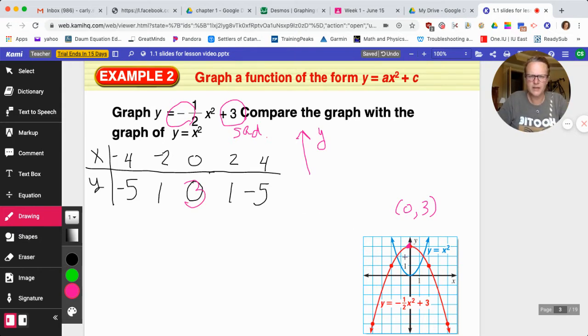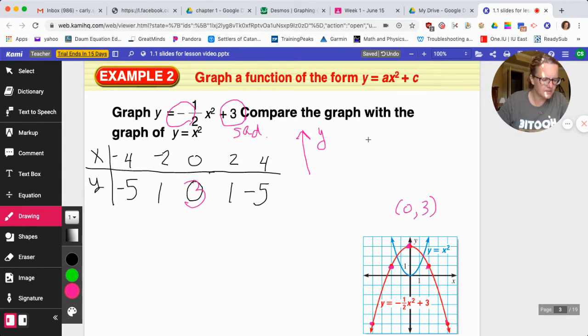So if I go to -4, and this goes by 1, 2, 3, 4, I go all the way to, let's hide that, x equals -2, y equals +1; 0, +3; 2, +1; and 4, -5. So we are an unhappy parabola where the vertex shifted up by a value of 3.